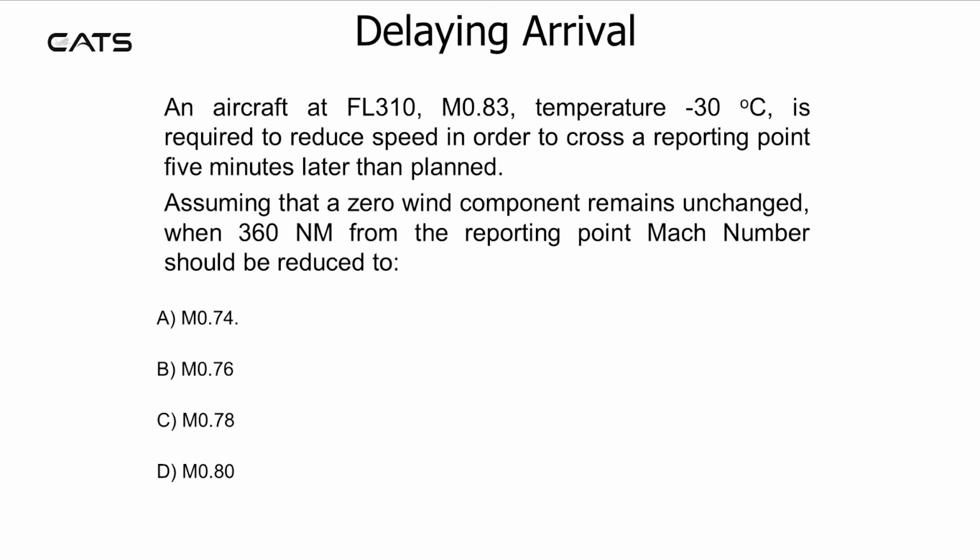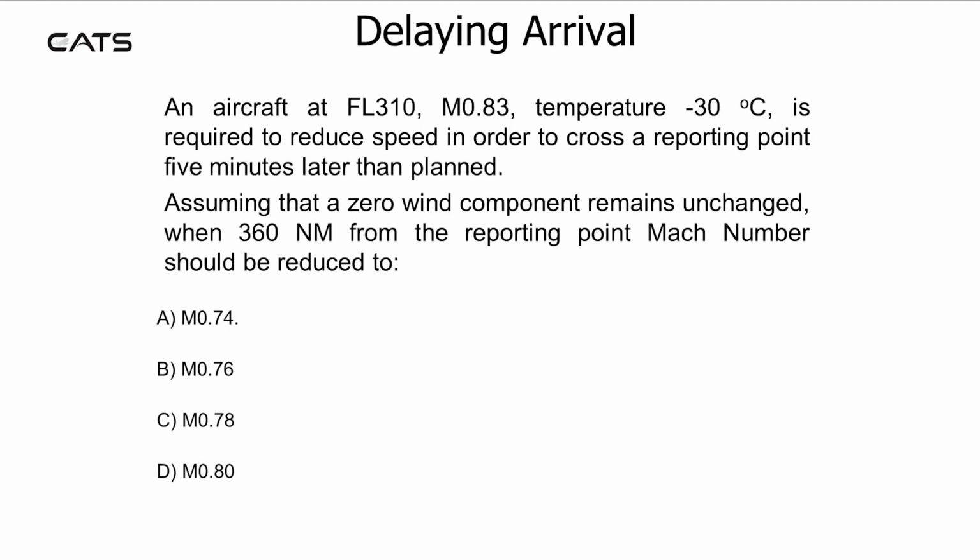Divide the distance of 360 nautical miles by 504 knot ground speed to get 43 minutes. To this add the 5-minute delay to get 48 minutes. Divide the distance, which has not changed, 360 nautical miles, by 48 minutes to get a new ground speed of 450 knots.